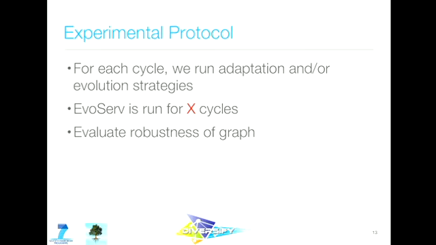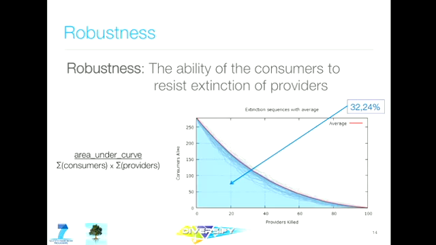We run these different adaptation and evolution strategies on them for a certain number of cycles, and then we evaluate the robustness of the graph, which tells us how well the strategies affect the system. Now, you might ask, what exactly is the robustness of the graph? It simply means how well the graph resists perturbations.